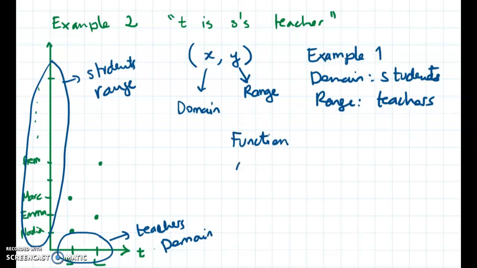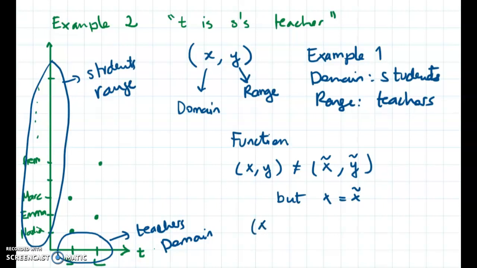So we cannot have pairs, let's say x, y, and x tilde, y tilde, that are different, but x is equal to x tilde. So once we fix one value x in the domain, then there is only one value y in the range that can go with it to form a pair.